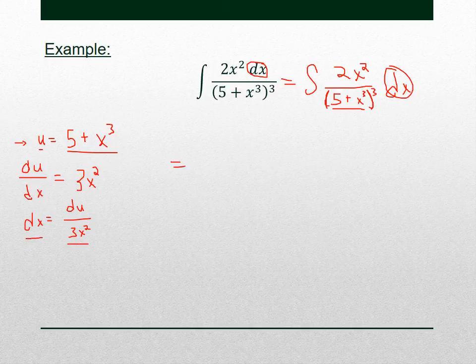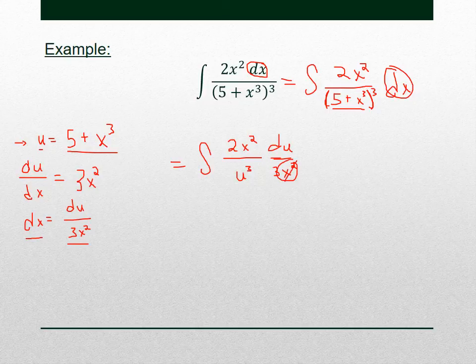When you do that, what do you get? You get the integral of 2x squared over u cubed, and then du over 3x squared. So we substitute in du over 3x squared for dx, and u for 5 plus x cubed. Now again, we have some stuff that cancels.